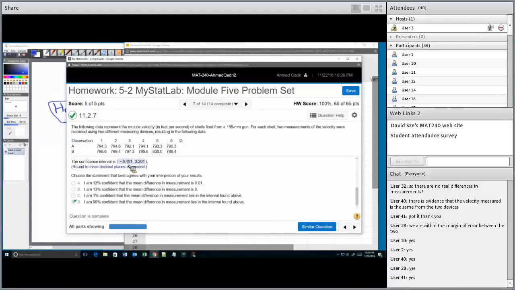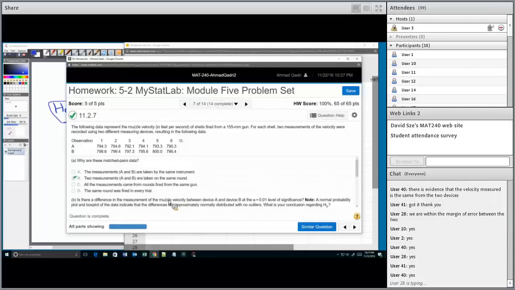This is the least believable value, this is the maximum believable value. Whatever differences you're going to get, they will be between these two limits. Does this make sense? That's how you do a matched pair design.